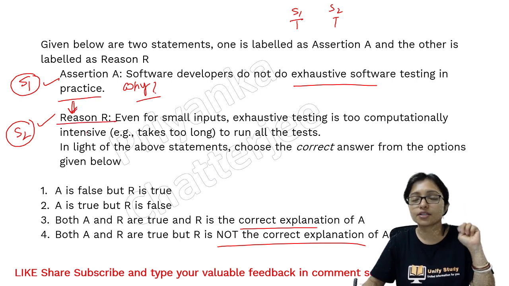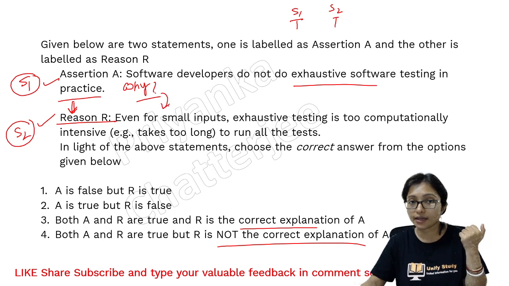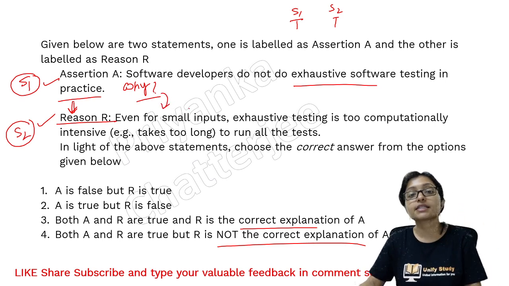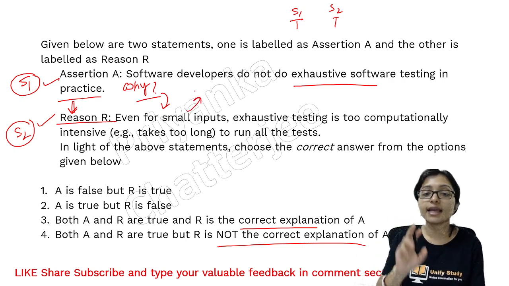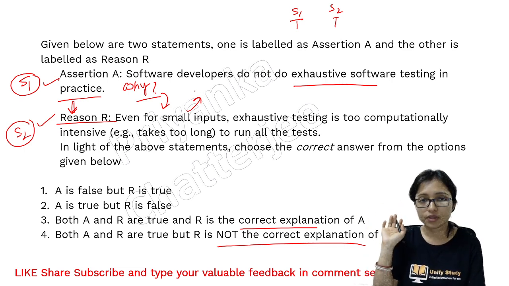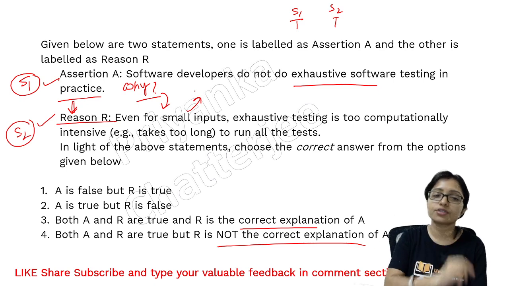After reading the reason, you have to understand: am I getting the correct answer to why? Am I getting a satisfying answer, is it supporting this assertion? If it is supporting, then it is a correct explanation, otherwise not. So this is how you have to understand assertion and reason.